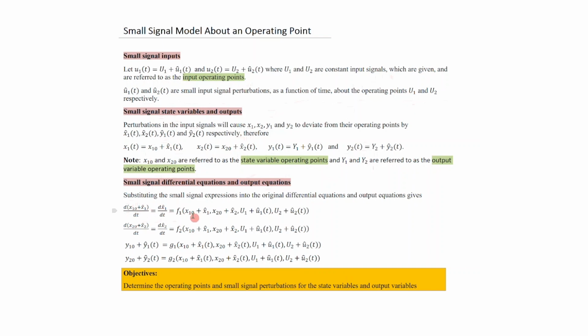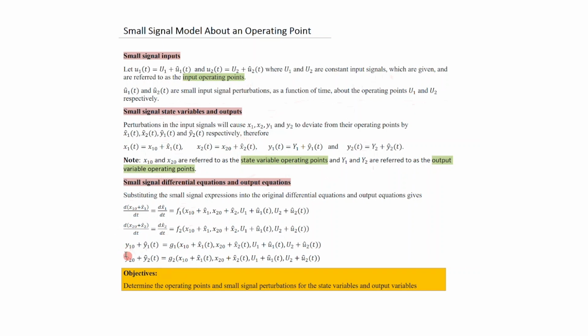Here, we just replace x1, x2, u1, u2 by the perturbed values from the operating point. Similarly, for the second state variable, the derivative of a constant value is 0, so you're just left with dx2 hat divided by dt. And again, here are the perturbed values for x1, x2, u1, and u2.